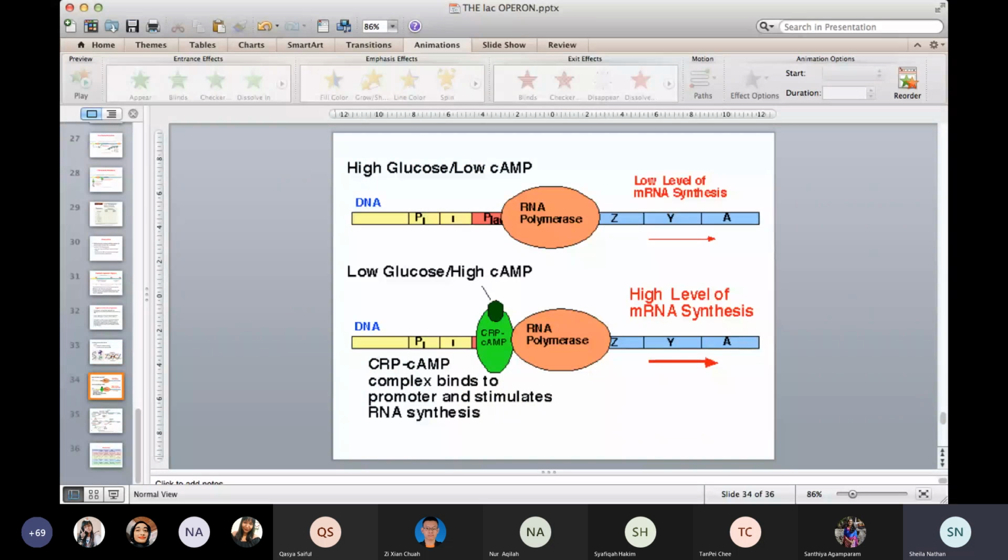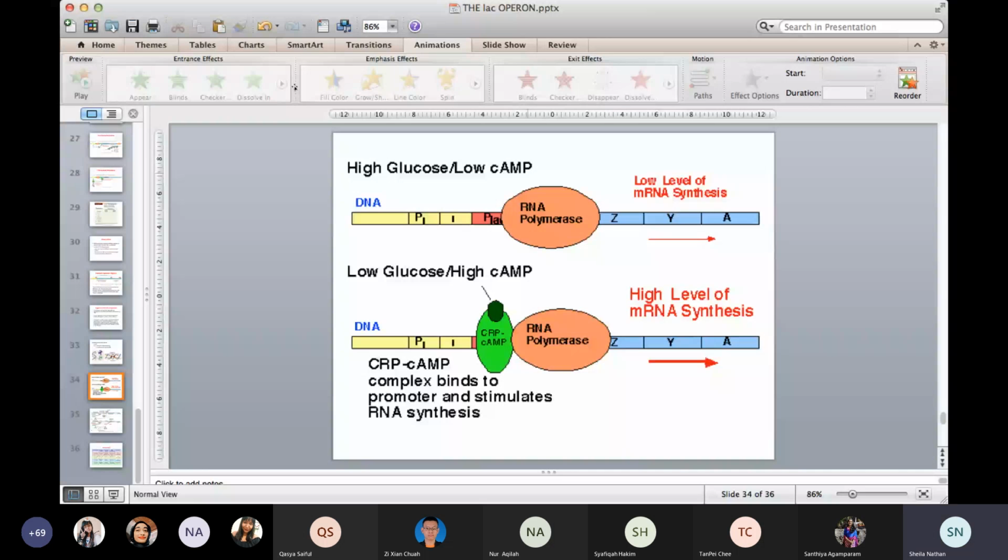So how does this work? I'm going to very simply explain it to you now. The more complicated explanation comes in a different lecture. But basically what you have to remember is very easy. When there is a high amount of glucose in the bacteria cell, there will be low concentrations of cAMP.